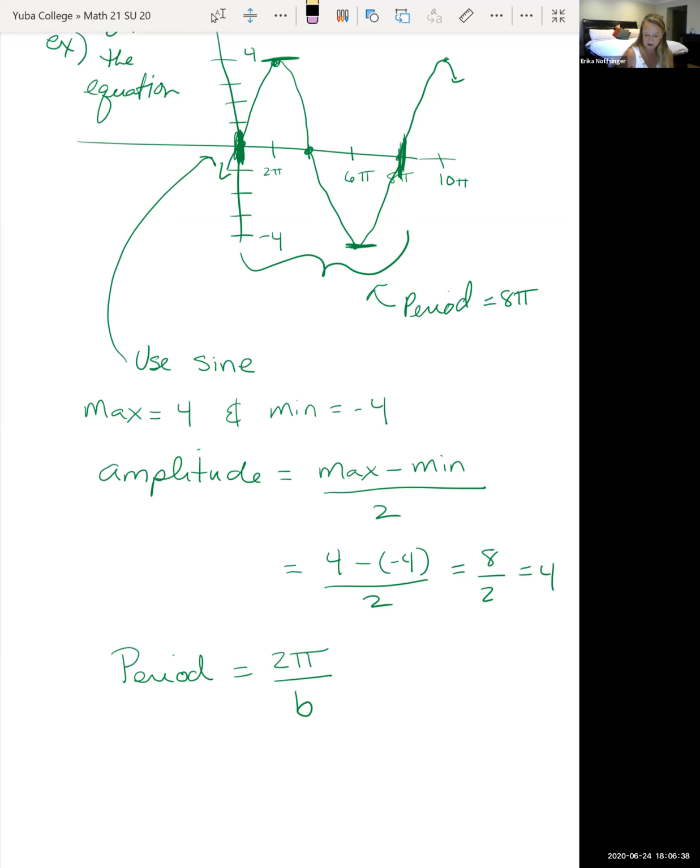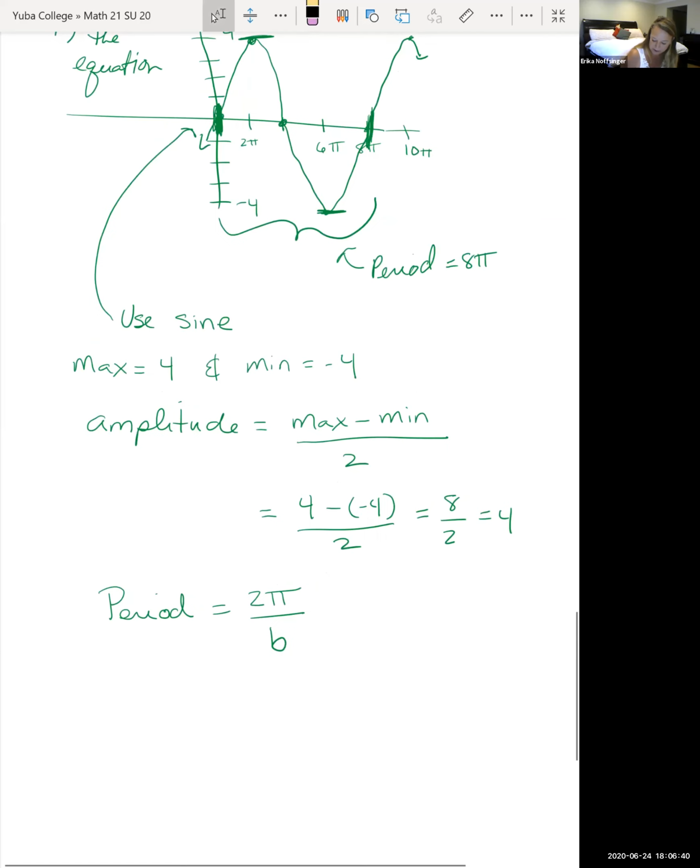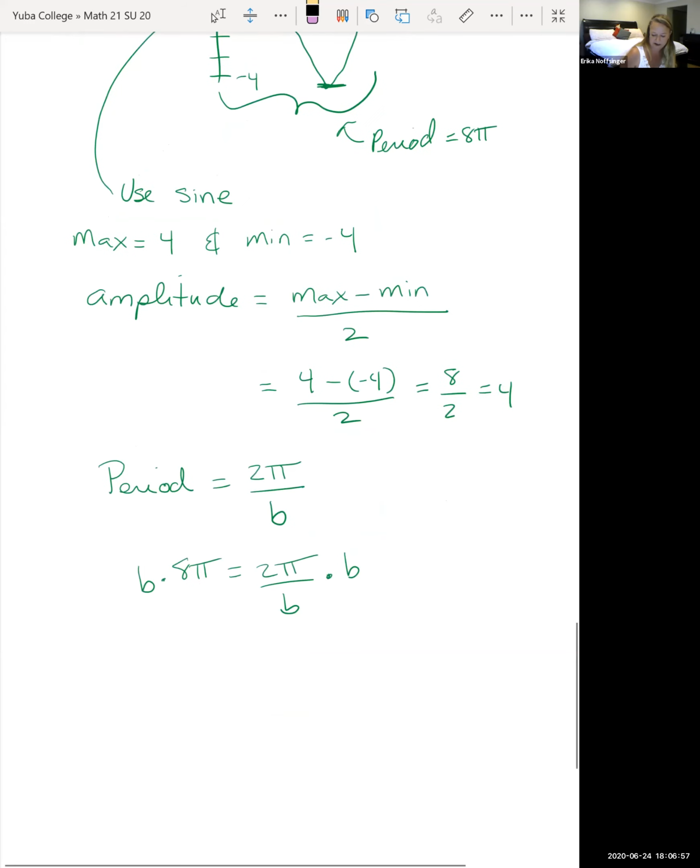So we need to figure out what B is. We have 8 pi is equal to 2 pi divided by B. Get B by itself. Well, let's multiply both sides by B. The fraction cancels.